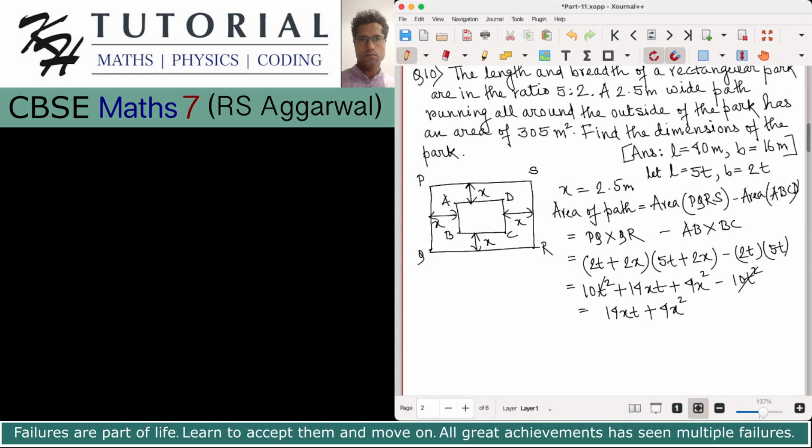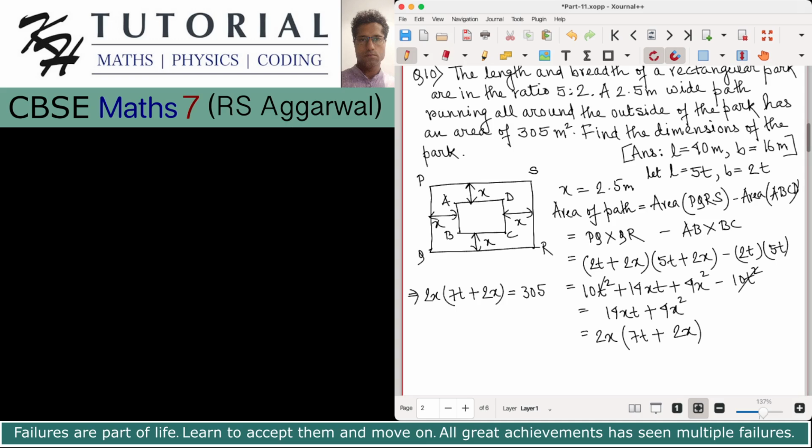Okay. So this is equal to, let's take some common out. Let's take out 2x as common and we have 7t plus 2x. So this is the area of the path, which implies 2x multiplied by 7t plus 2x should be equal to the area of the path, which is given to be 305 meters square.